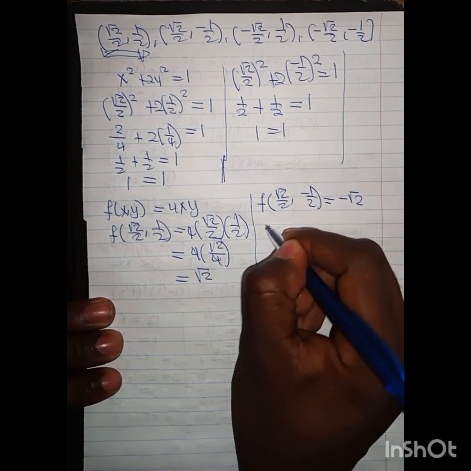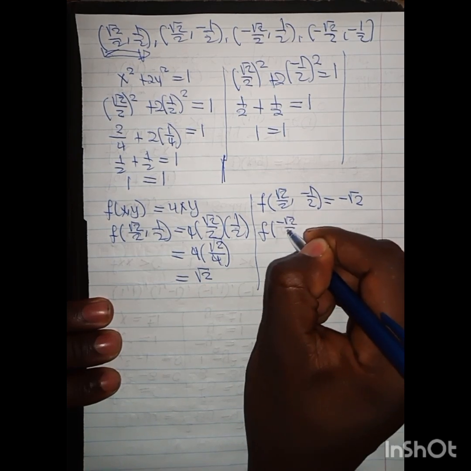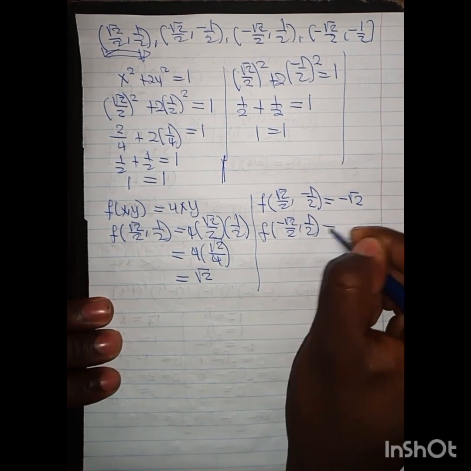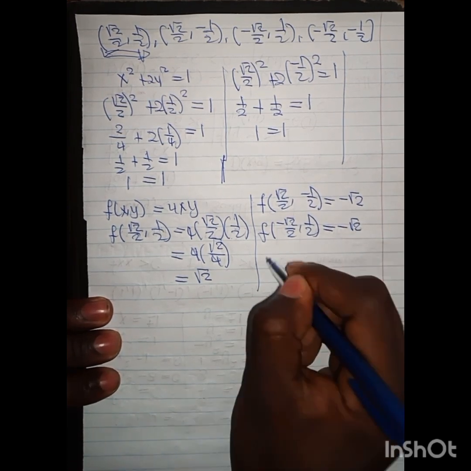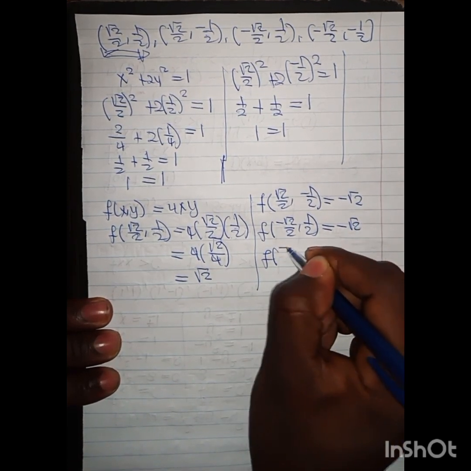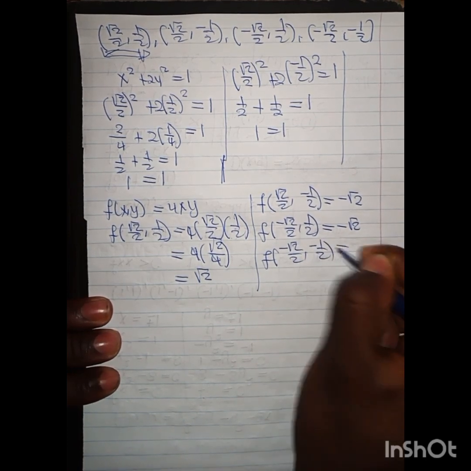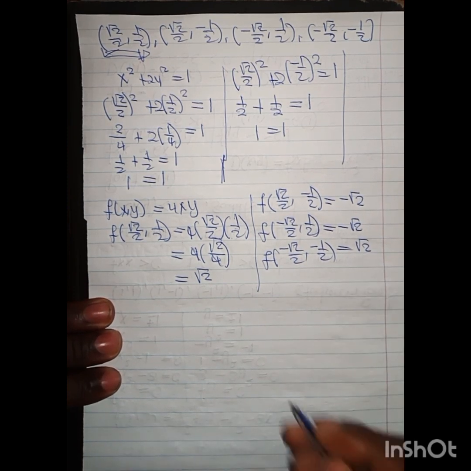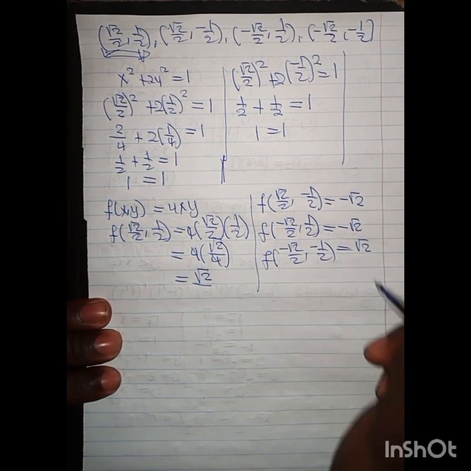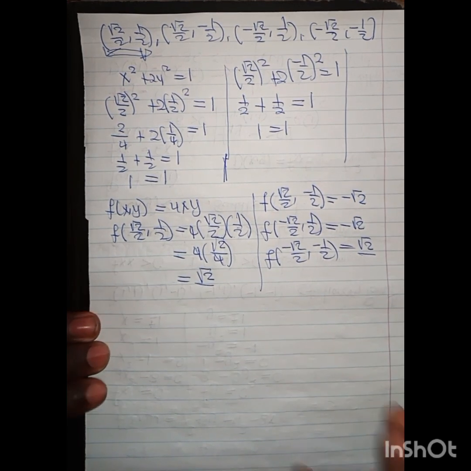So it means when x is negative root 2 over 2 and a positive half, we get a negative root 2. Then when x is negative root 2 over 2 and negative half, we get positive root 2. Then we check here, this one is positive, this one is positive, then these two are negative.